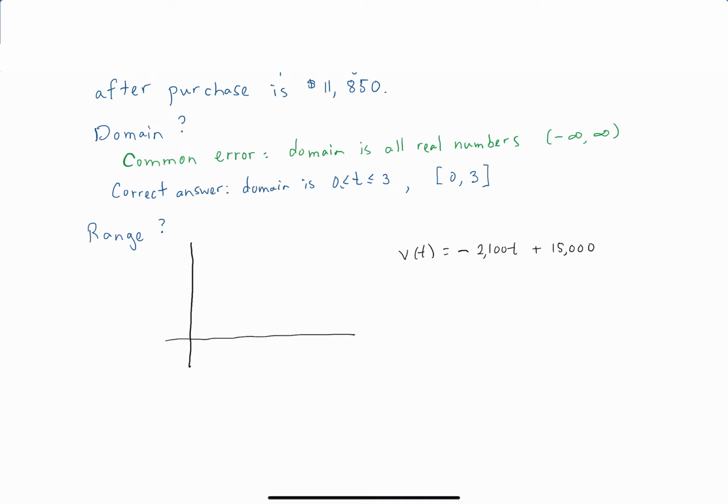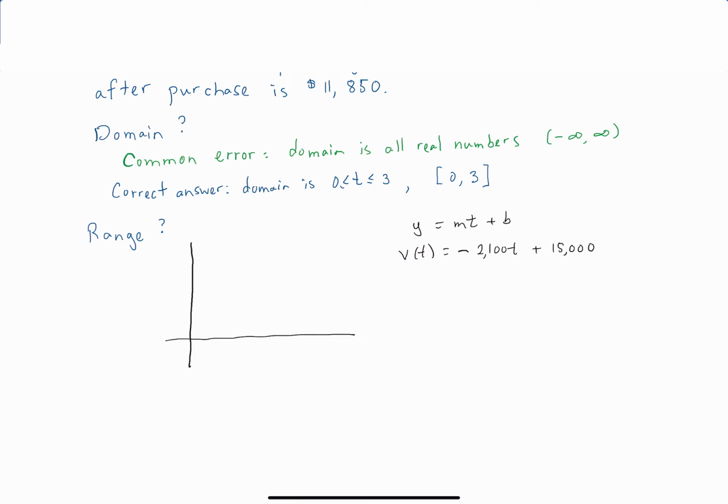So we can pretty easily produce at least a rough graph. We're not asked to give the graph, so you can almost think of doing this off on scratch paper just to figure it out yourself. So we don't need to do a perfect graph here. So I'm just going to notice that this is, of course, in mx plus b form, or we might want to call it mt plus b form since our variable is t.